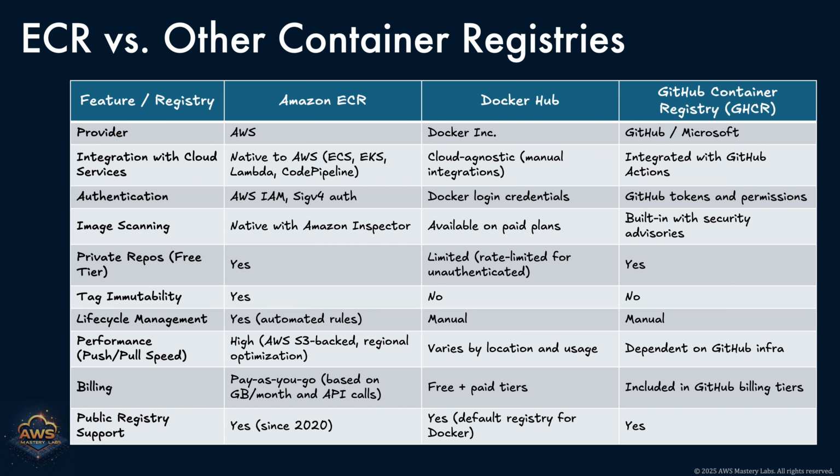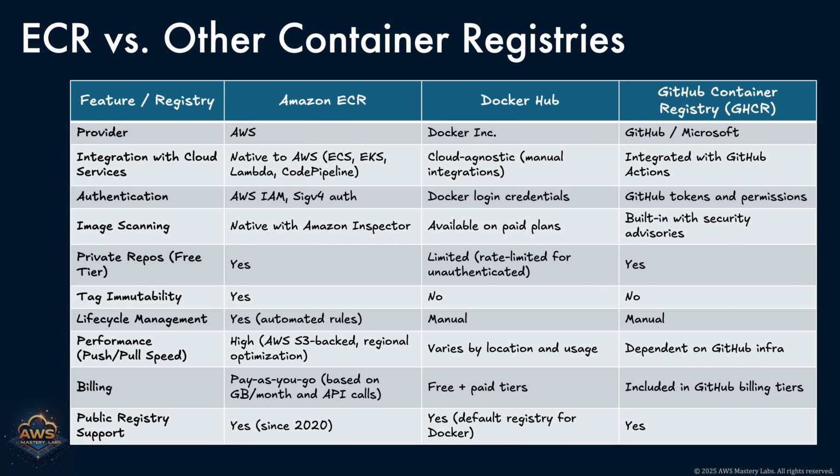In terms of image management, ECR supports tag immutability and lifecycle policies, which help you enforce version consistency and automatically clean up old images. Docker Hub and GHCR offer these capabilities manually, often requiring custom scripts or external tools. Finally, ECR is optimized for performance. It's backed by Amazon S3, delivering high availability and fast image transfers within the AWS network.